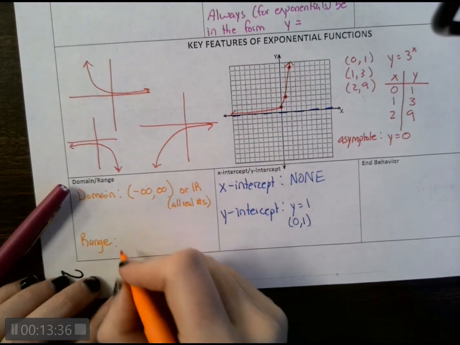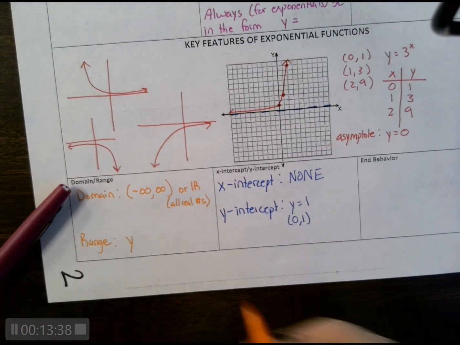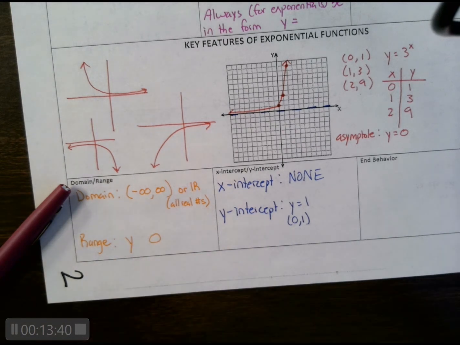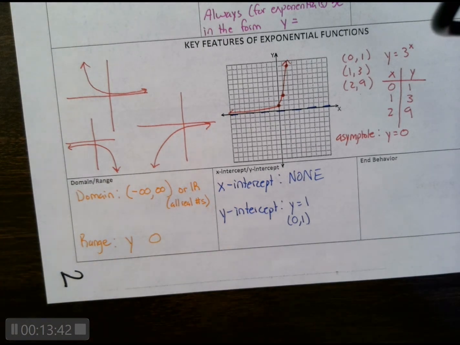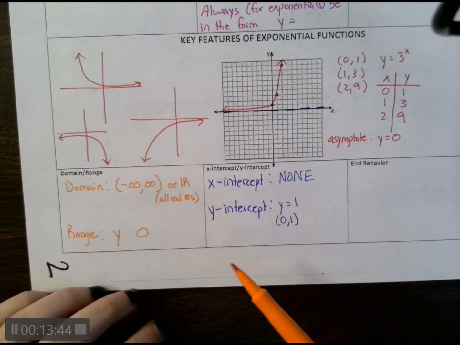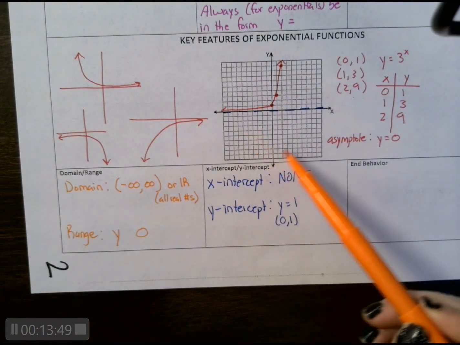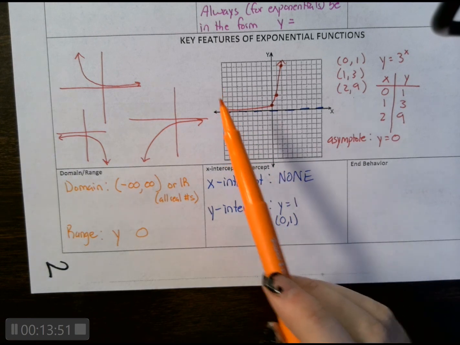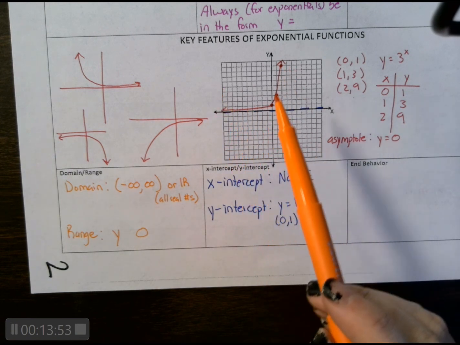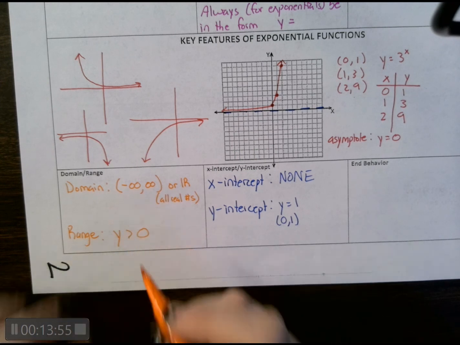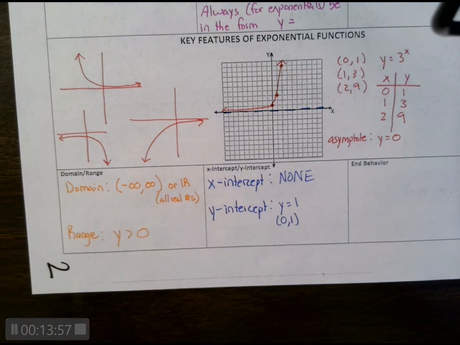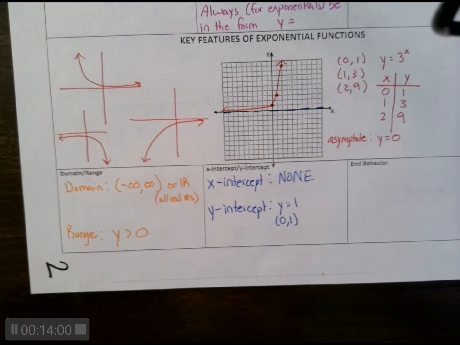We are always going to put y, and then we're going to put our asymptote. Our asymptote is 0. So all you have to do is figure out if your graph is above your asymptote or below your asymptote. Since our graph is above our asymptote, y is going to be greater than 0. And that's it. That's our range. Okay?